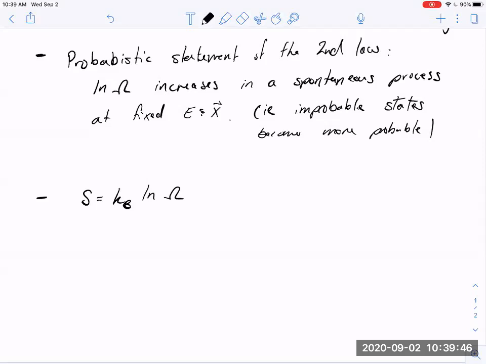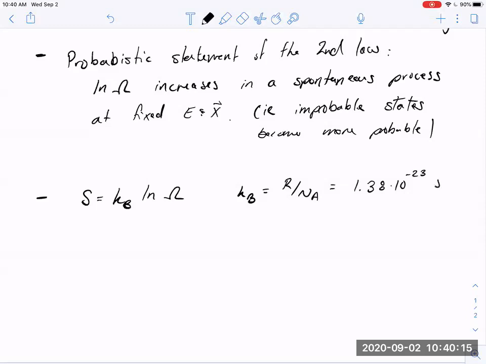This KB is nothing more than a more sensible rewriting of the ideal gas constant, put in terms of molecules. And if we were to assign a numerical value to it, it's a number which is very small in units that are common to us living on macroscopic scales.